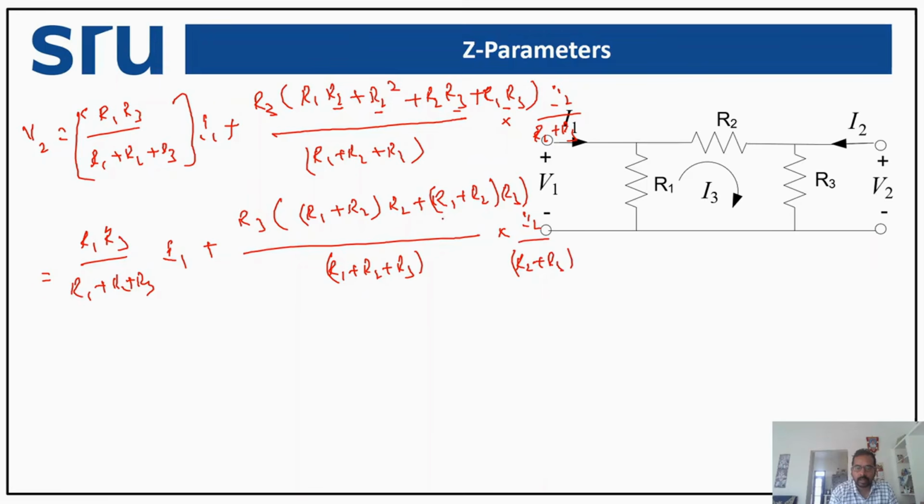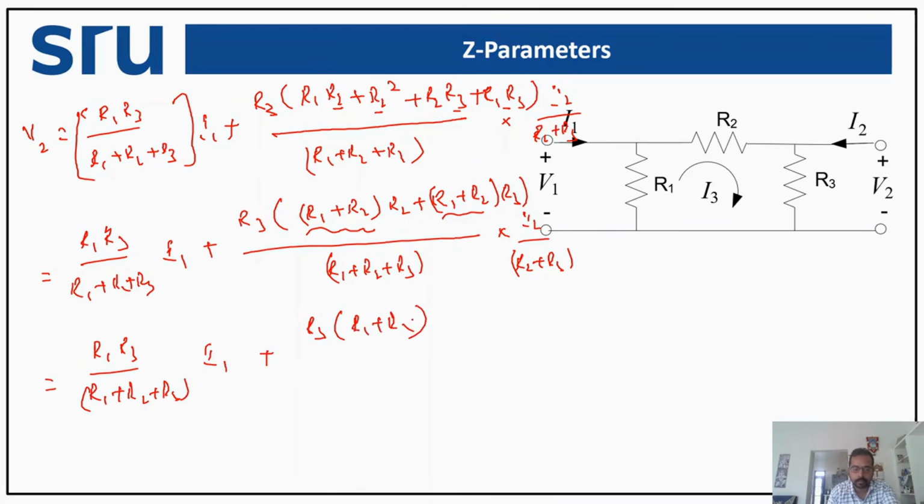So if you observe here, we are having R1 plus R2 and we are having R1 plus R2 here. Try to take common again. So R1 R3 divided by R1 plus R2 plus R3 into I1 plus, you are taking R1 plus R2 common, so R1 plus R2. So we are going to have it here R2 plus R3 divided by R1 plus R2 plus R3 into I2 by R2 plus R3.